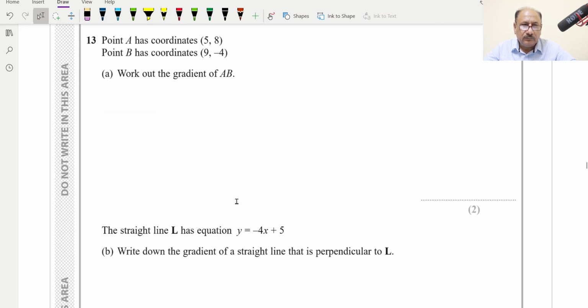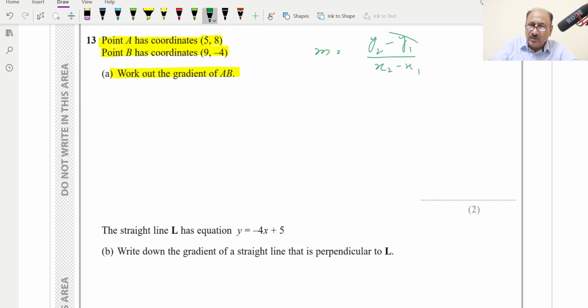Now question number 13. The question is, point A has coordinates this one and B has these coordinates. Work out the gradient of A and B. And we know the gradient formula is m is equal to y2 minus y1 over x2 minus x1. This will be the gradient formula which we will be applying. So any of these 2 points we can take as x1 y1 and x2 y2.